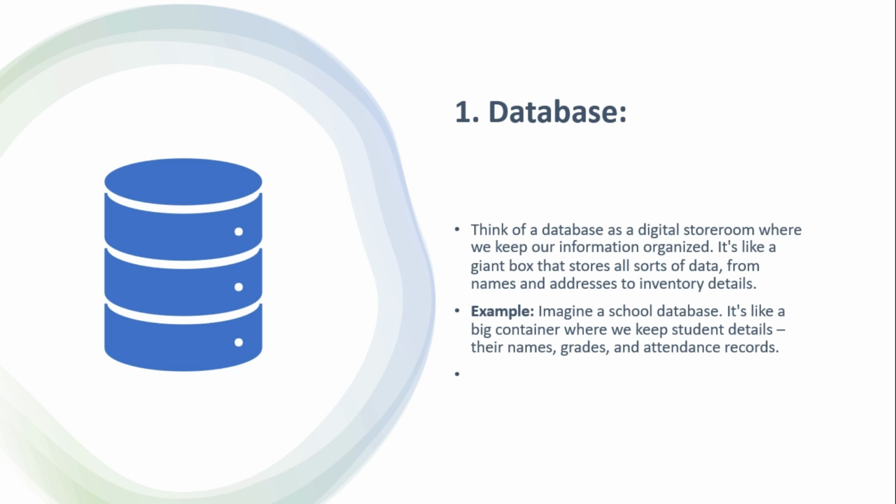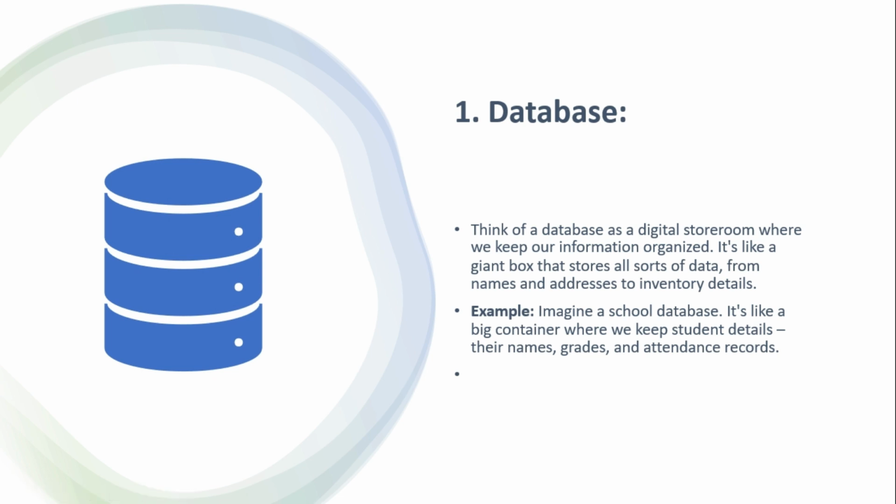So think of database like, for example, your memory. In your memory we have the files. So think of the database like a file. In that file we have the folders. So within the database we have the table. So in the database the information is stored in the form of the table.